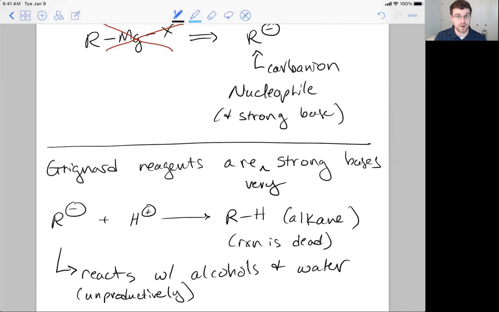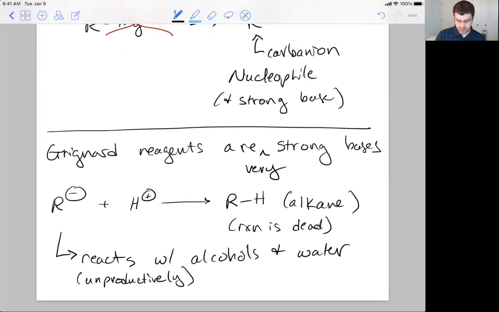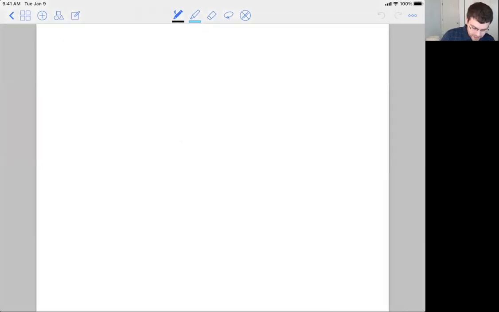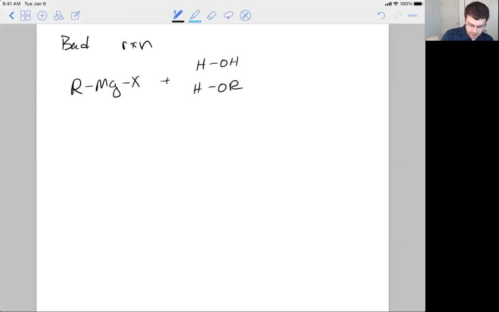It just forms some new alkoxide or hydroxide ion that we then have to deal with. So a bad reaction, and I'm going to emphasize that, because this is not a productive way to use your Grignard reagents, is if you have RMgX plus H2O or an alcohol.